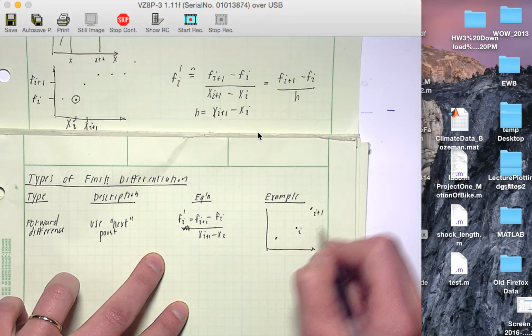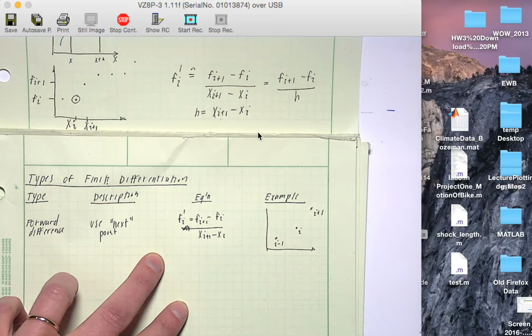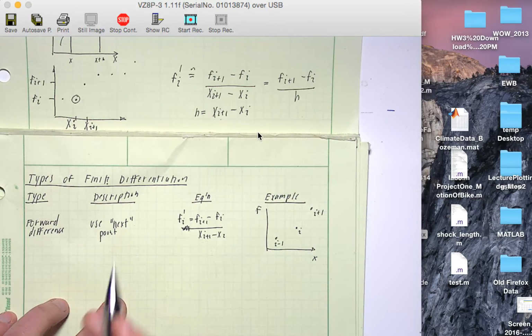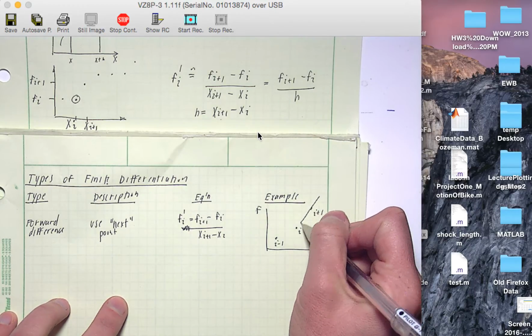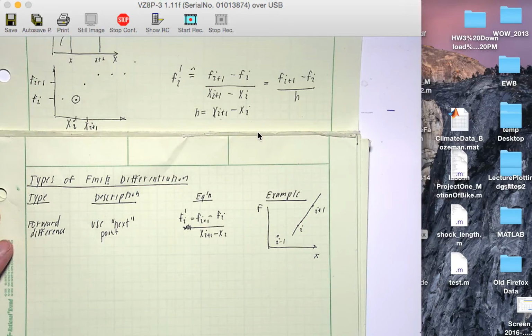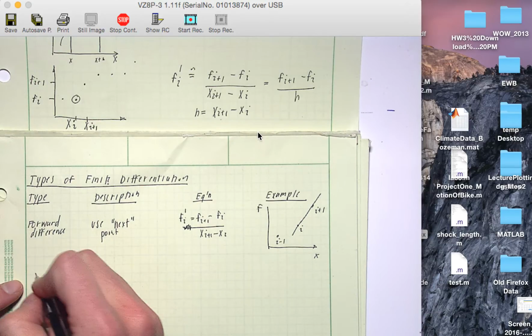This is the next point, i plus 1, and this is the previous point, i minus 1. If I was estimating the slope using a forward difference, the slope would look like this. It would use those 2 points, and that would be the slope. Now, if I use the point behind it, the slope would be different, right? It would be a different slope. So that's a decision that you make when you're doing these numerical methods, which point you're using.